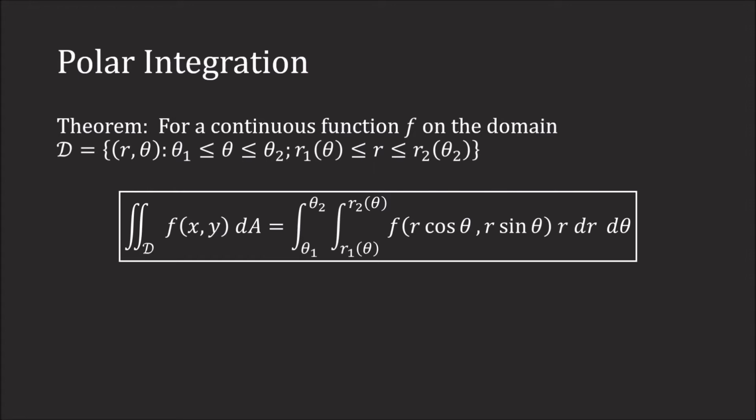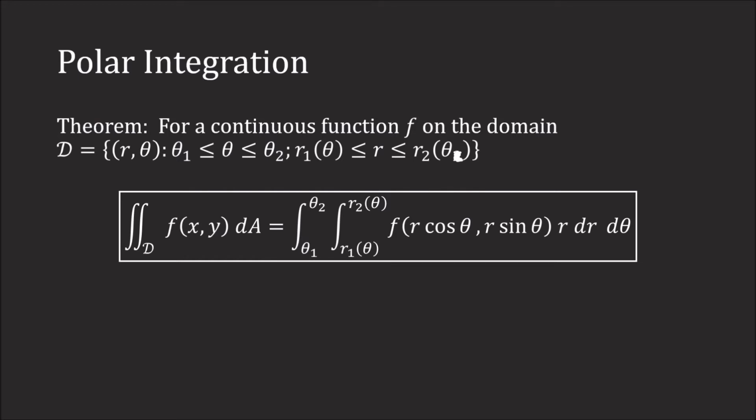Right, so for a continuous function f on the domain D that is given in polar coordinates, theta 1 less than or equal to theta less than or equal to theta 2, and r1 of theta less than or equal to r less than or equal to r2 of theta. That should not be a theta 2 there, that should just be a theta.